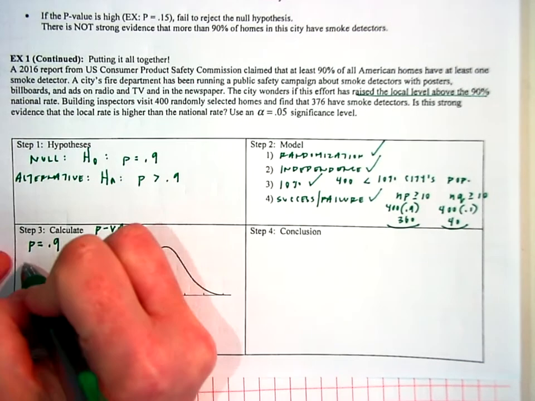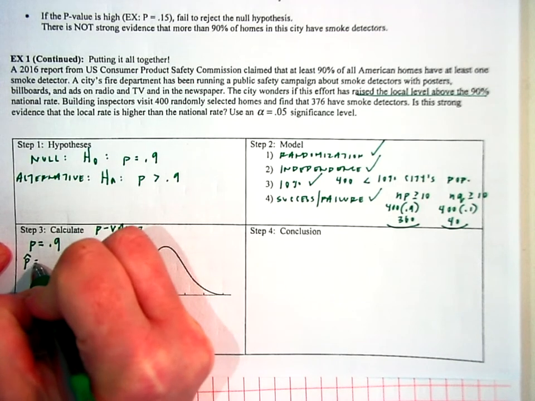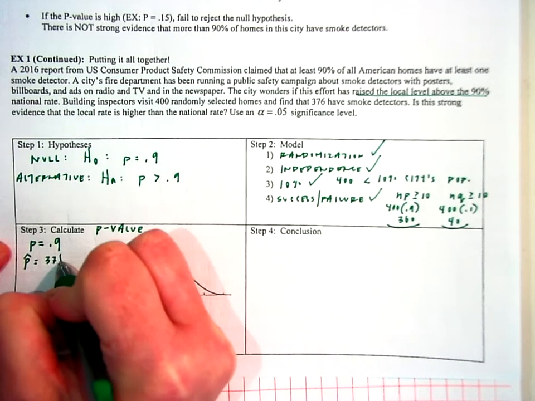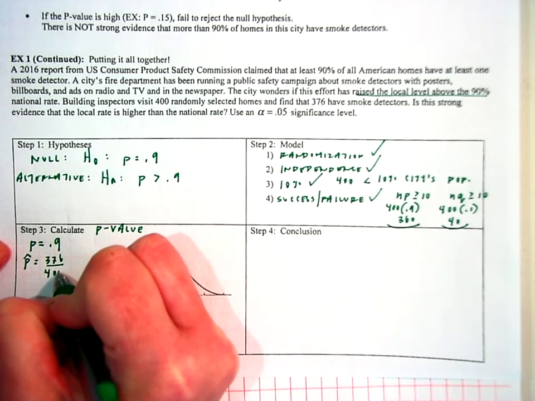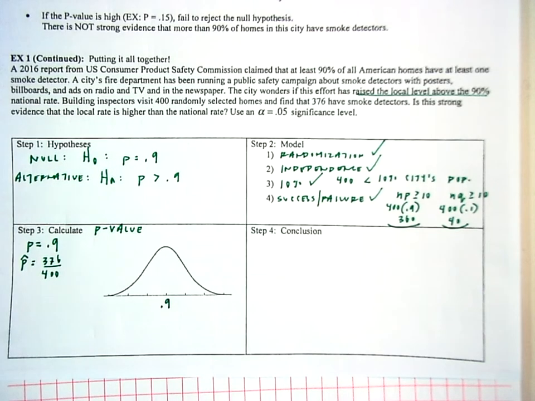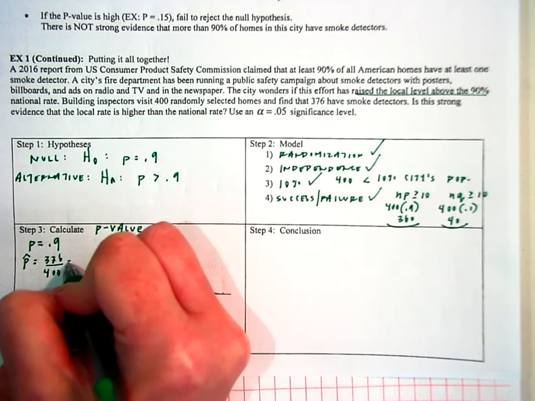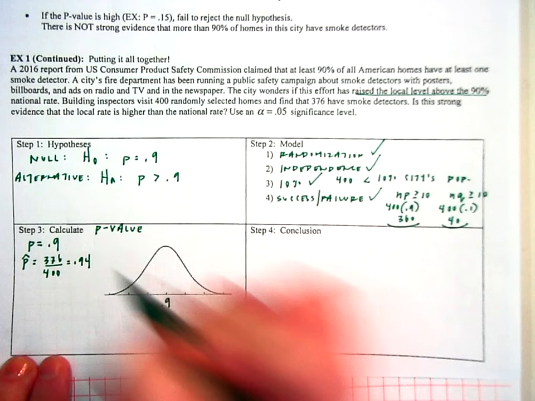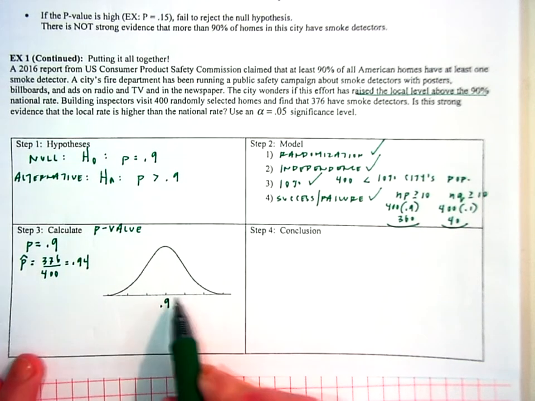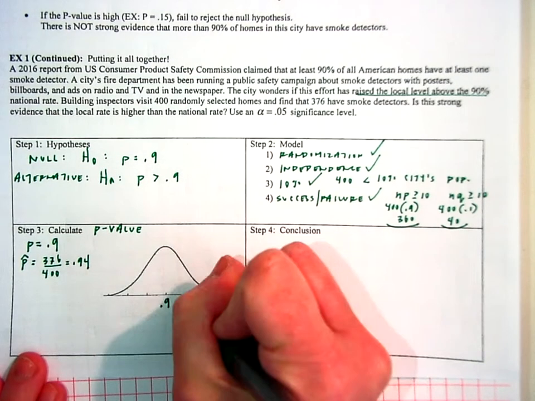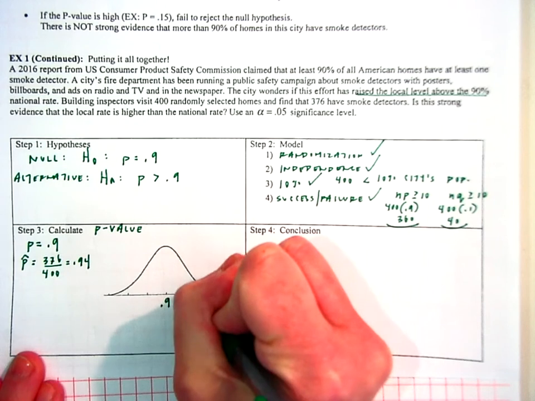What is my statistic? Here we're looking at the 376 over 400 individuals from our city that have a smoke detector, and we get a 0.94. I don't know exactly where that's going to fall here. I'm just going to put 0.94 right about here and mark a little notch for it.